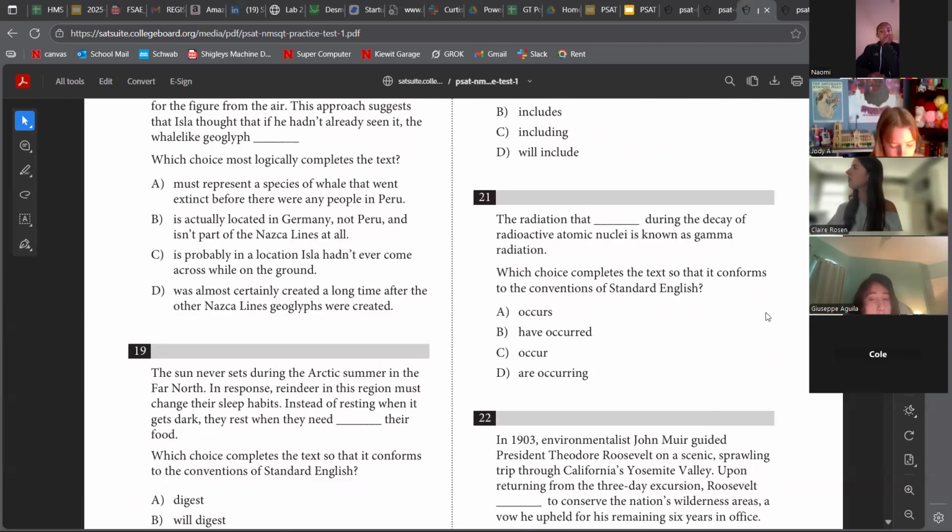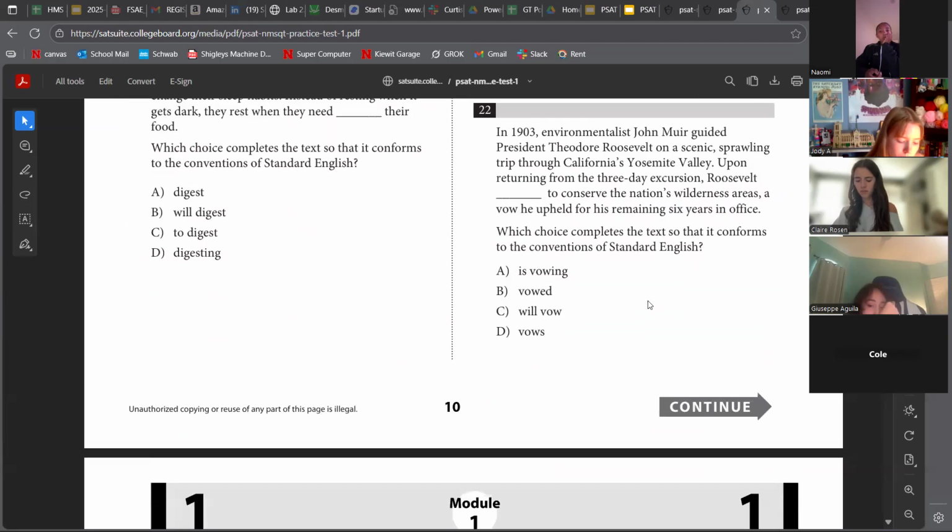21. Claire, what do you think for this one? A. Yep. Yeah, so this is that subject verb agreement. So the radiation is our subject and occurs is the verb.